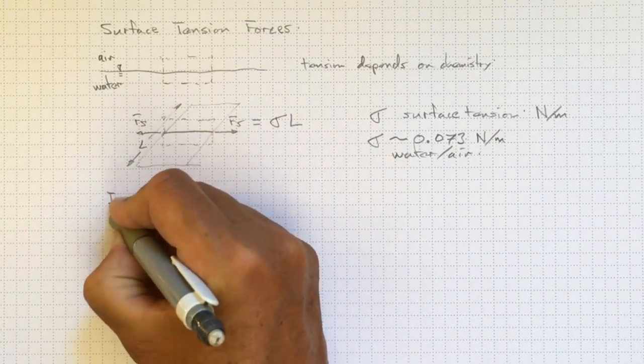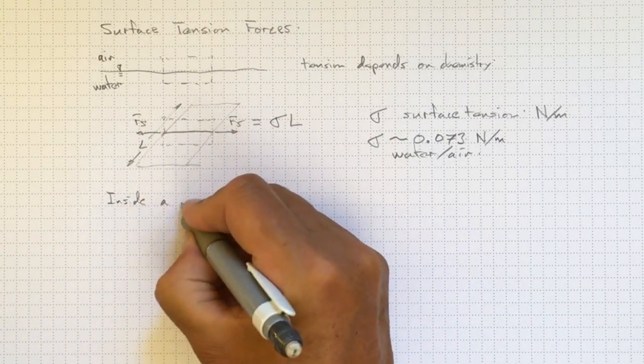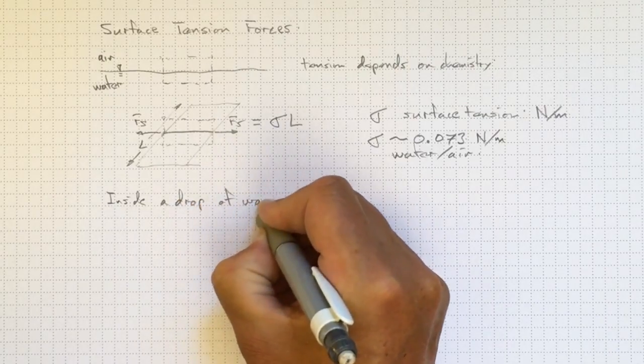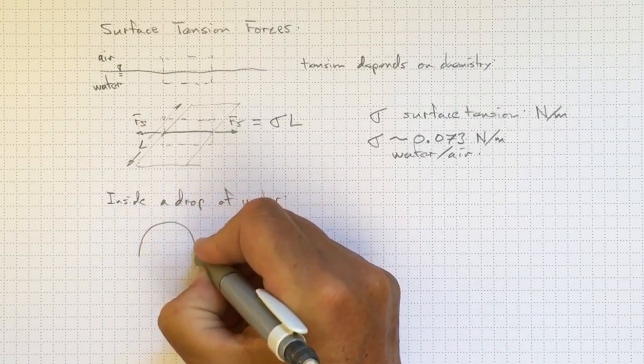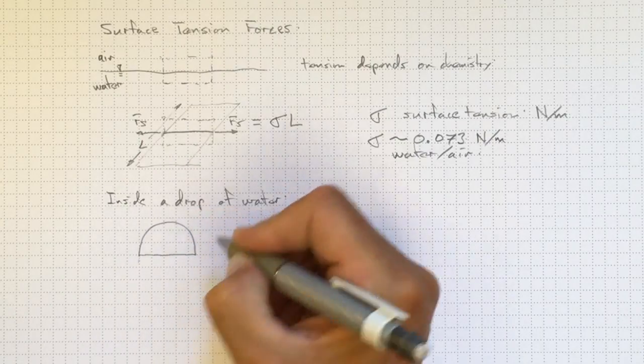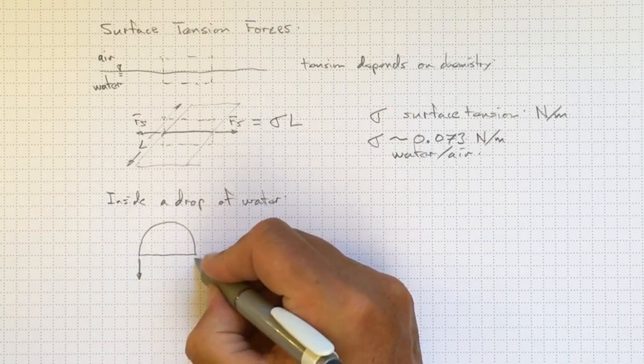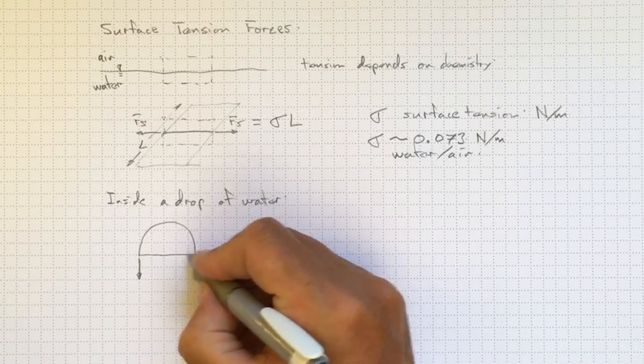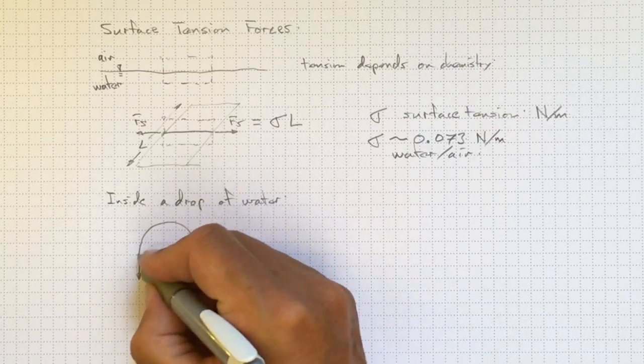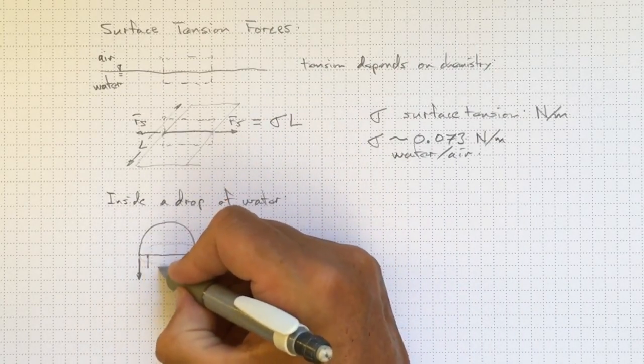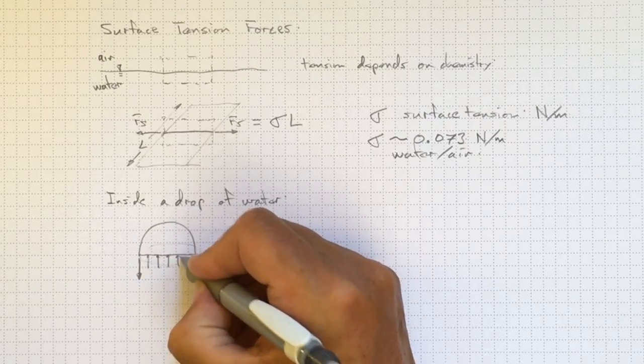So let's consider what we've got inside a drop of water, just as an illustration. Consider half of the drop of water. It'll have surface tension acting around the edges, and it will have pressure acting over all of the area in between.